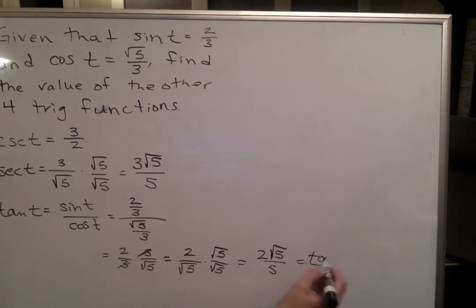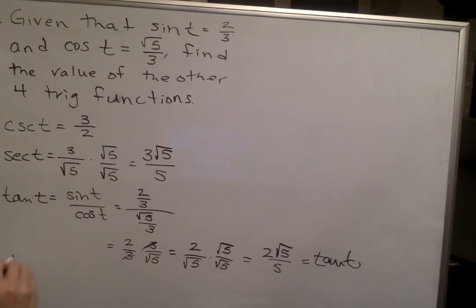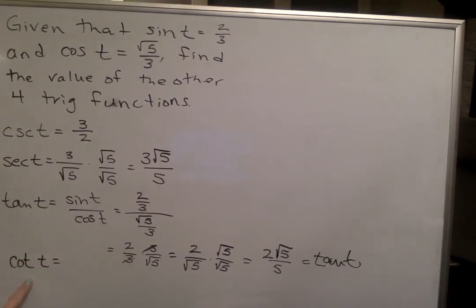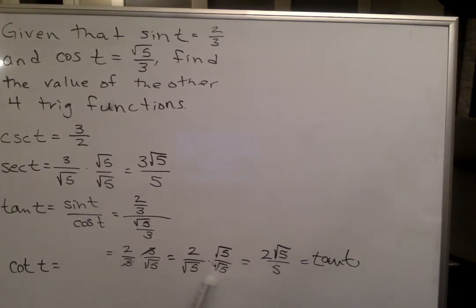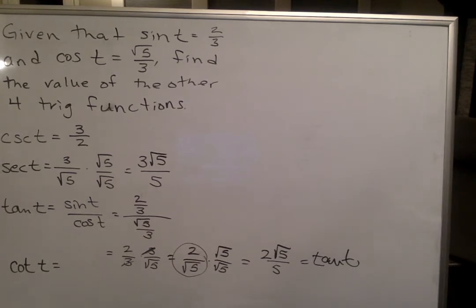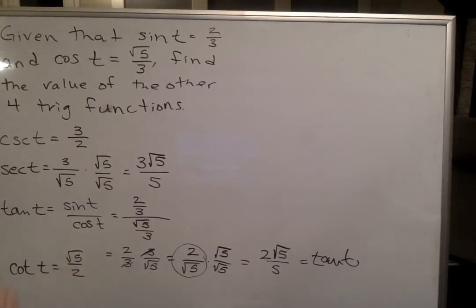Now, in order to find the cotangent, we know that cotangent is the reciprocal of tangent. So remember that we could go all the way back to right before we rationalized, and we said that the tangent was 2 over the square root of 5. So I can actually say that the cotangent is the square root of 5 over 2, or the reciprocal there.